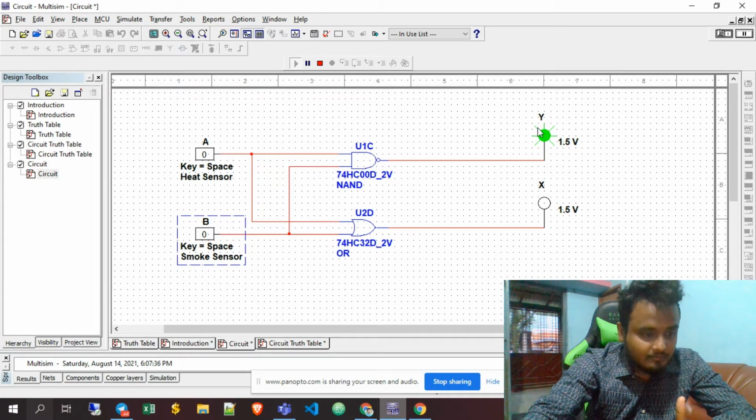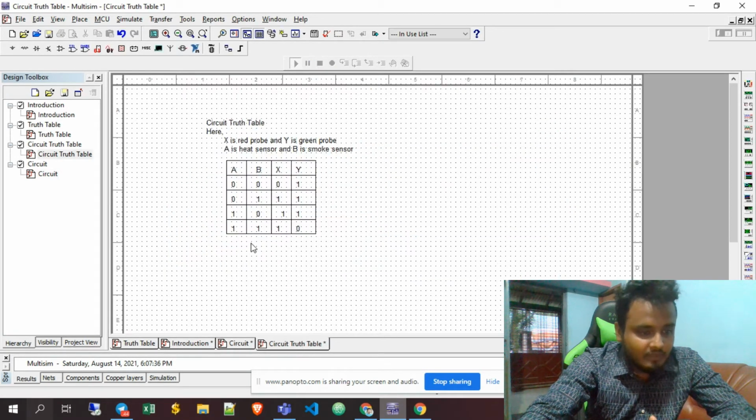Now if we come to the truth table again, as we can see, first the heat sensor A is 0, and the smoke sensor B is also 0. So both A and B are 0.